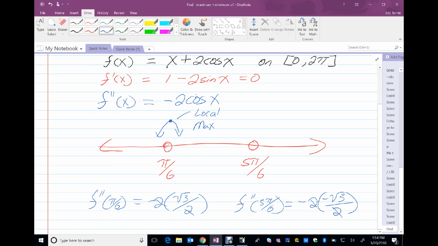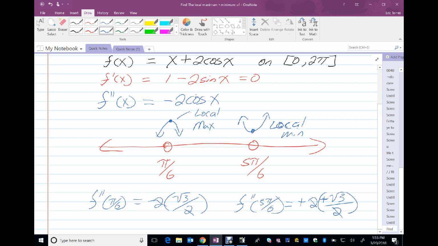So here the 2's drop out, and a negative times a negative is positive. So my second derivative is positive. Positive things make you smile, which means I'm concave up at this point, making it a local min.